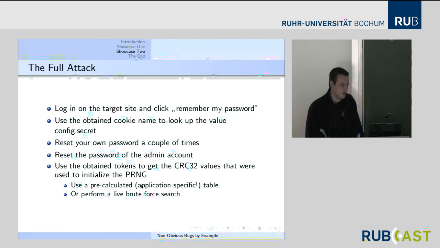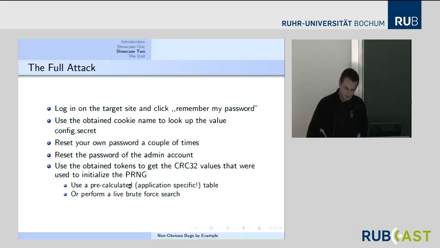You take your obtained tokens that you got via email and use them, again, using your tables, to obtain the CRC 32 values that were used to initialize the random number generator when the tokens were generated. And this is done using some installation-specific table, because those values depend on config.secret. Or you just brute force it, depending on how many NVIDIA GPUs you got.